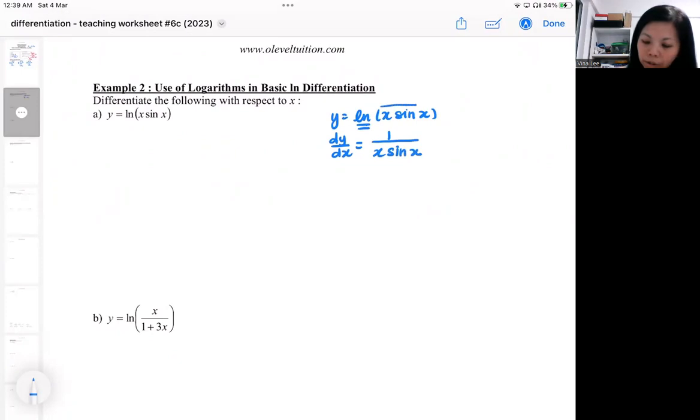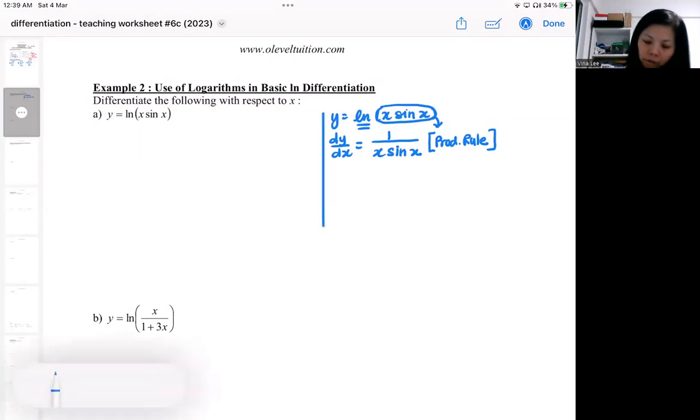Then you got to differentiate this portion. So differentiating this portion is actually a product rule. If you didn't recognize that it's actually a logarithm, you can still do something like this.